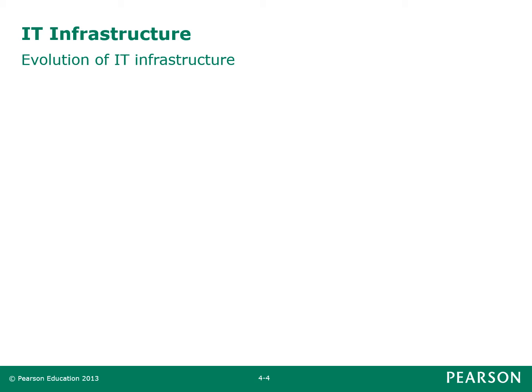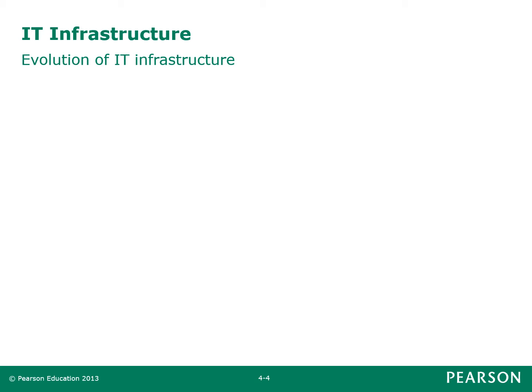IT infrastructure in organizations today is an outgrowth of over 50 years, imagine that, of evolution in the computing platforms. There have been 5 stages in this evolution, each presenting a different configuration of computer power and infrastructure elements. That's why we should learn this evolution.